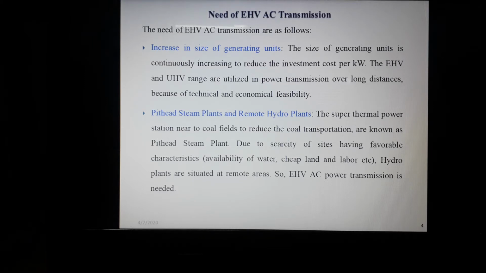Similarly, remote hydro plants depend on favorable site characteristics, that is, the availability of water, cheap land and labor, etc. The hydro plants are also situated in remote areas. So for higher amounts of power transmission over long distances, we have to go for EHV AC transmission.